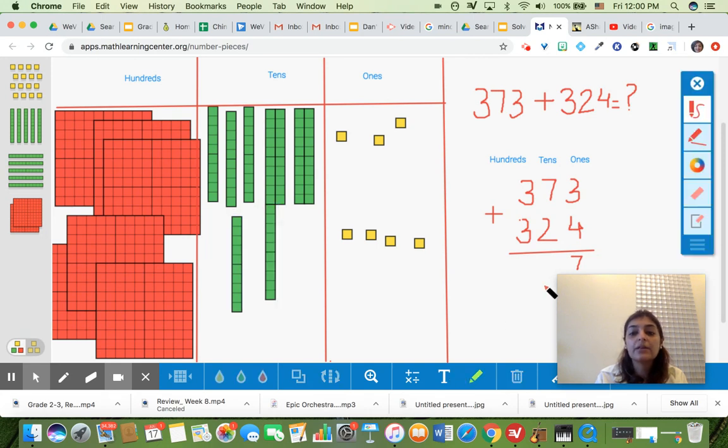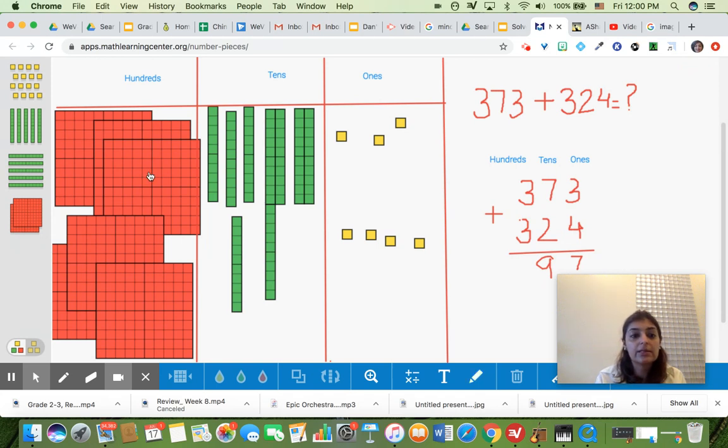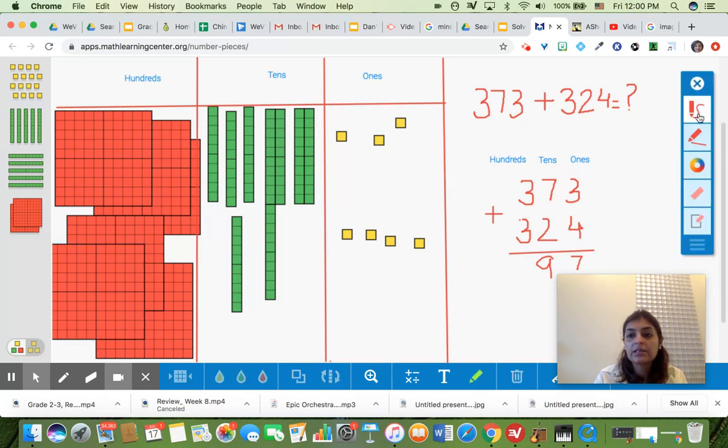So we have 9 tens. Again, we do not need to regroup because the number of tens is less than 10. Now the last step is that we need to add the hundreds. So let's add 1, 2, 3, 4, 5, 6. So we know we have 600.